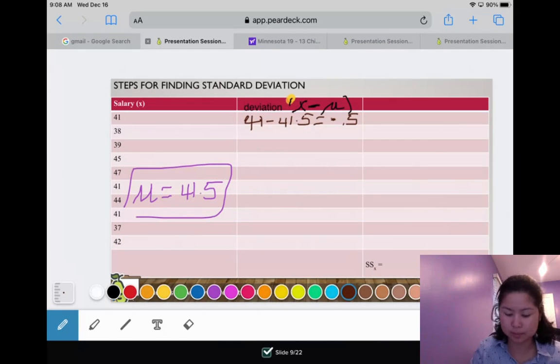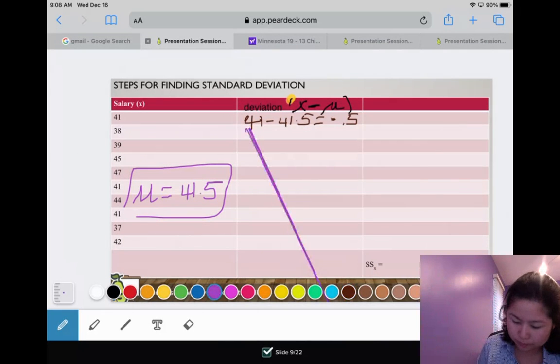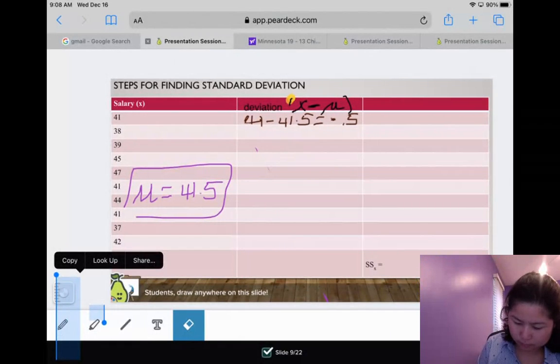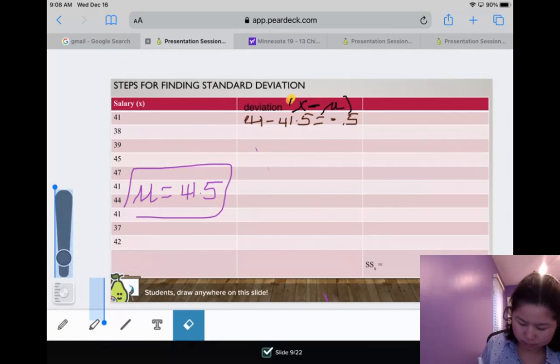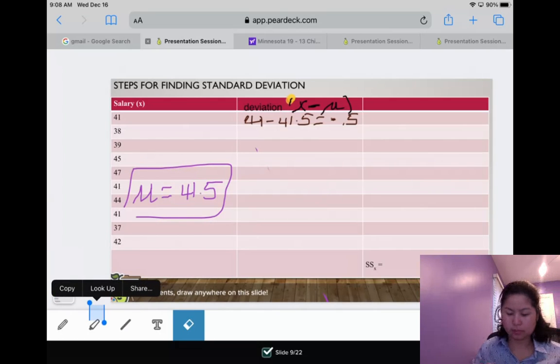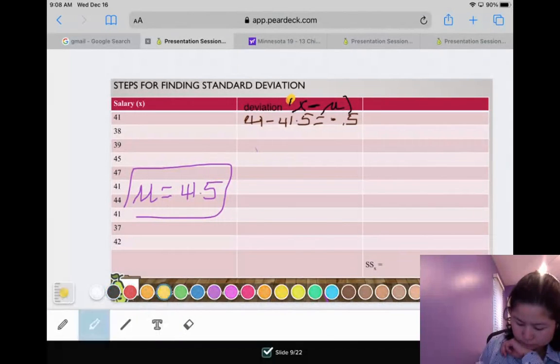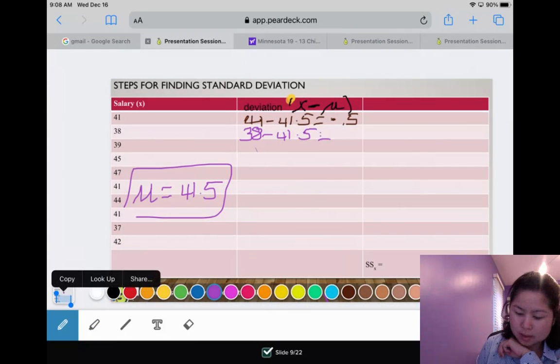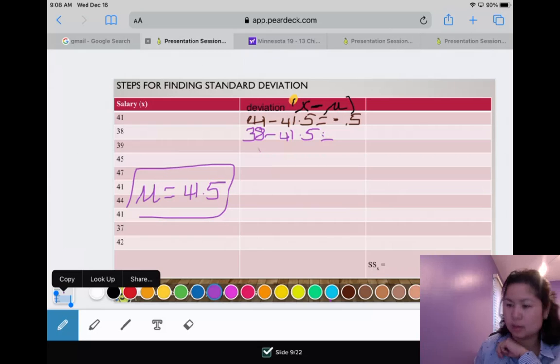So this is your next step. I'm going to take 38. 38 minus 41.5, and that will give me a different number.